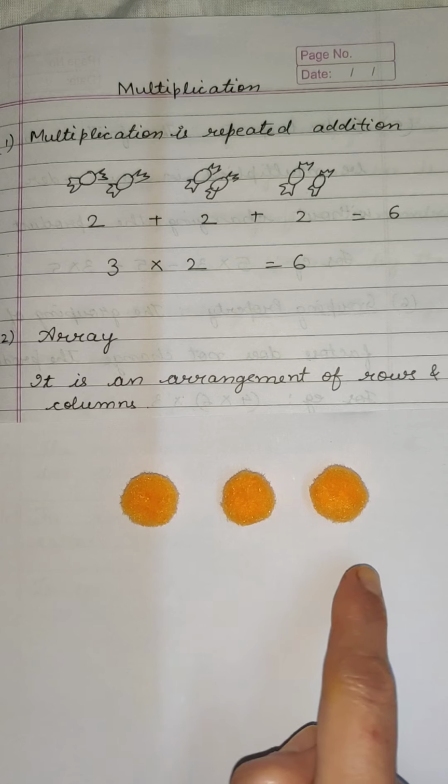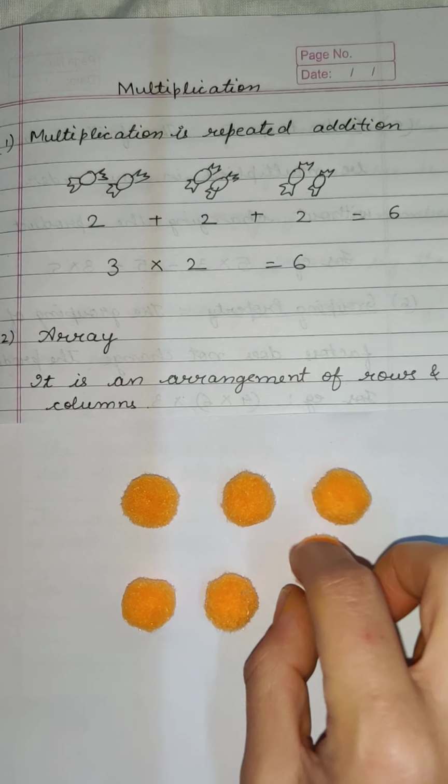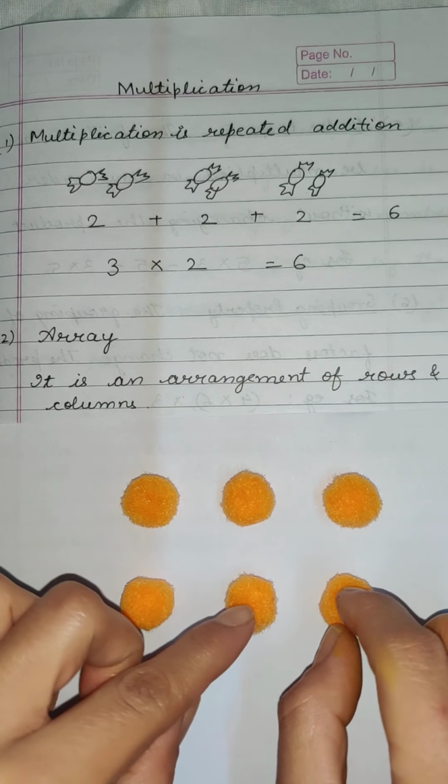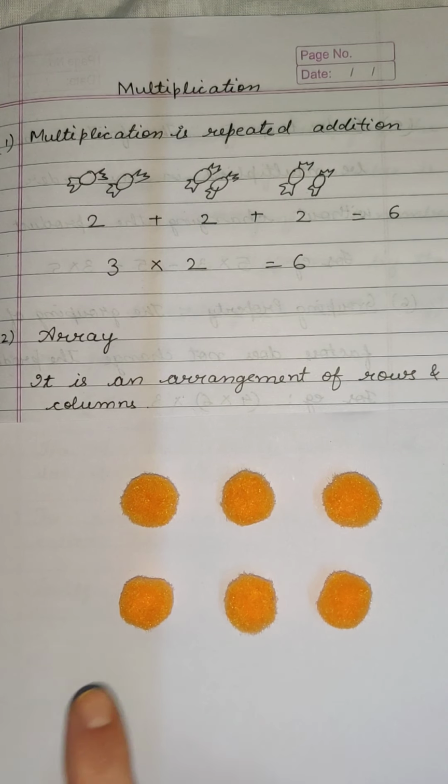So this is called a row. Once again, I place one more row of 3 objects. So children, this horizontal placement is called row and the vertical placement is called a column.